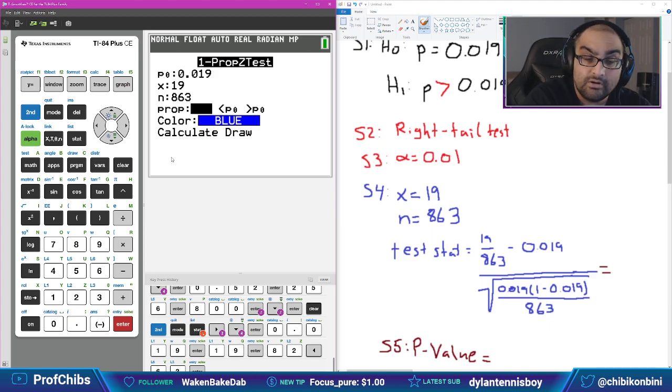The first is the two-tail test option, the next is the left-tail option, and the third is the right-tail option. In this case, we have a right-tail test, so we highlight that last one and hit enter. Then we go down to Calculate and hit enter on that once you're good to go.